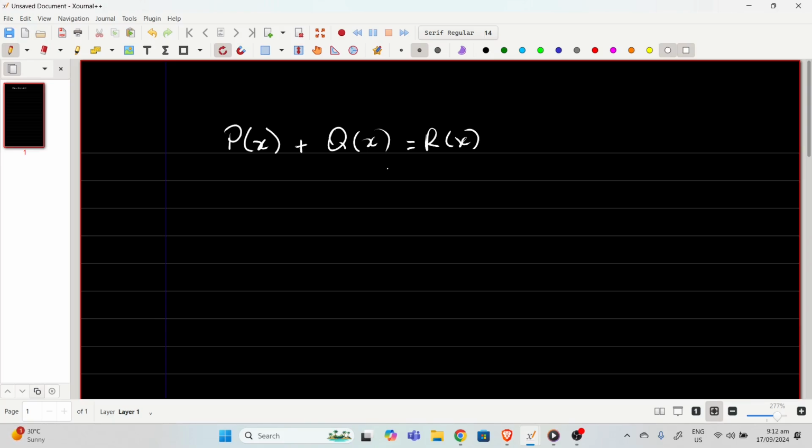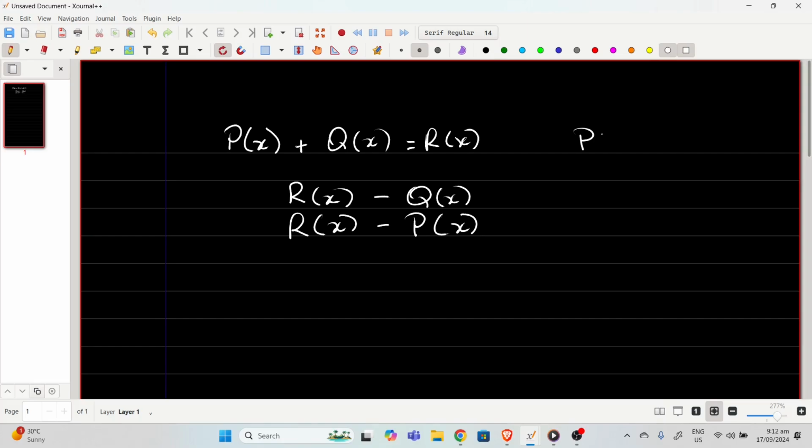To figure out if you have the correct answer, take the result that you get at the end and subtract either q of x, in other words the second polynomial, or you can simply subtract the first polynomial. That is, if you did an addition.